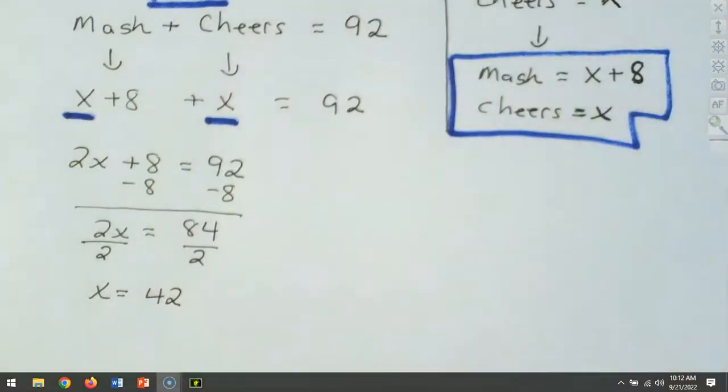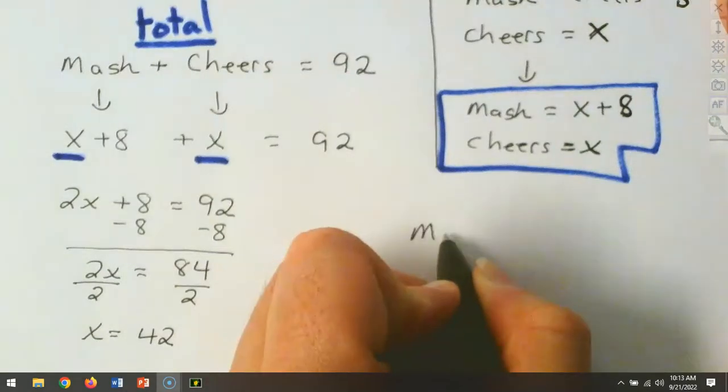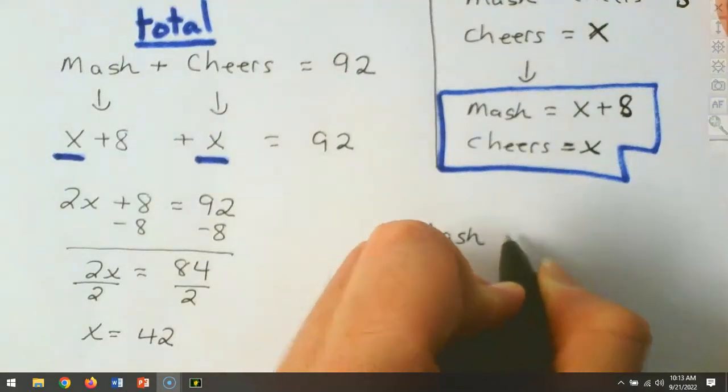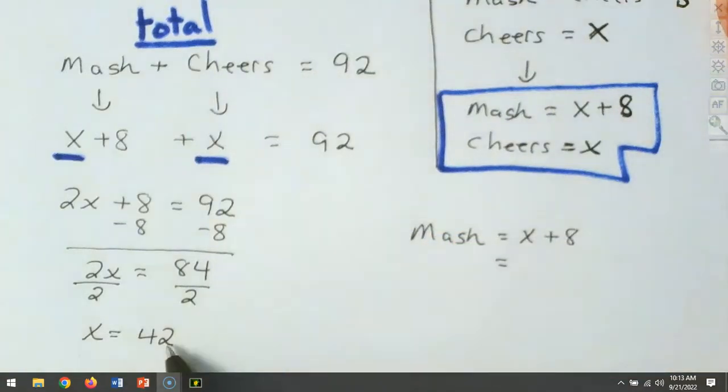Now, what do we specifically want? Let's make sure we answer the question. How many people watched each episode? Right? So we have X. X is not our answer yet. We haven't labeled it at all. Now we can finish it. So what do we know about MASH? MASH is X plus 8. And what did we find X to be? 42.